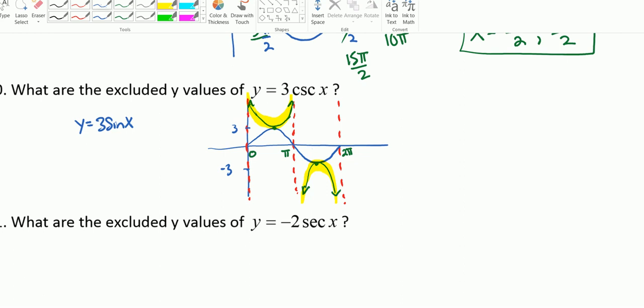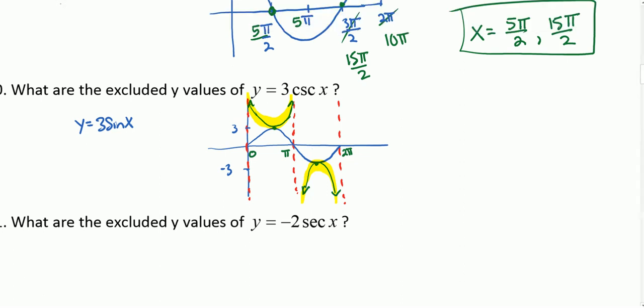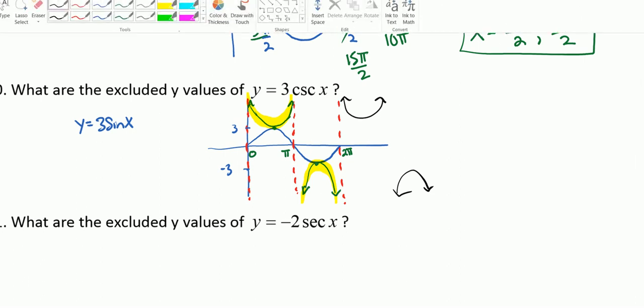Okay, so this function will continue looking like that, back and forth. And there are certain y values that it won't hit. And those are the y values in between. So like the top part will hit all y values from 3 and above. The bottom part will hit all y values from negative 3 and below.